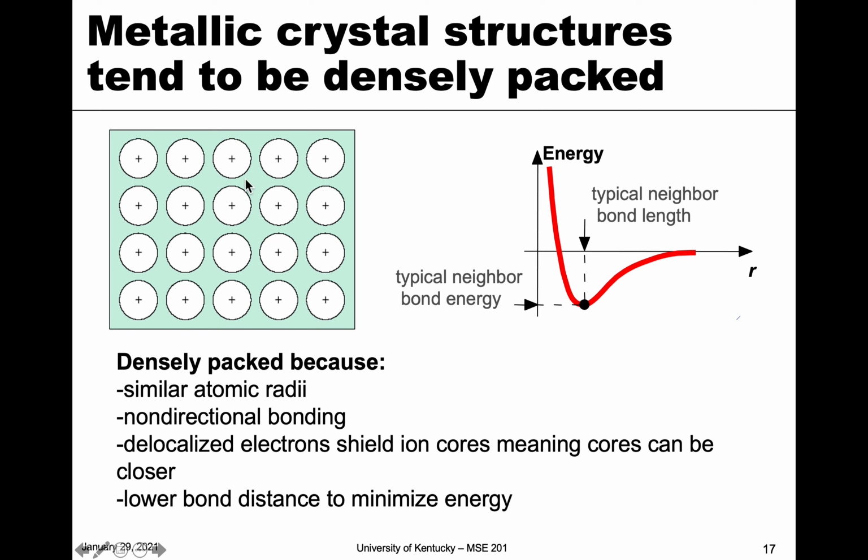Because of this type of bonding, because we have these ion cores, we can make it very dense, and they all have very similar ionic radii. There's nothing directional about it. These electrons that are floating around tend to shield the ion cores, and so that's why they can get closer to each other. Getting closer to each other lowers the bond distance and minimizes the energy.